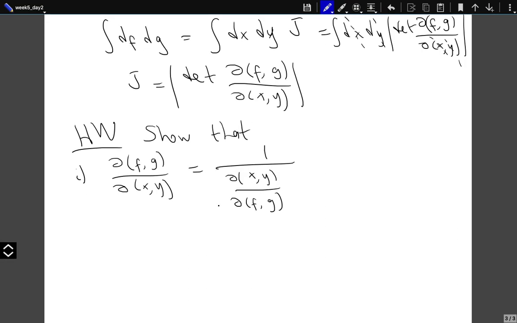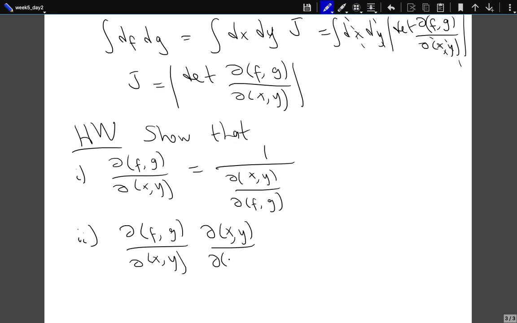It will be easy to prove this once you prove another identity. Let's assume f and g are functions of x and y, but then x and y are themselves functions of u and v. Then if you multiply the Jacobians as a matrix product, it is the Jacobian of f and g with respect to u and v. In a sense, this is like the generalization of the chain rule for one variable to two variables.